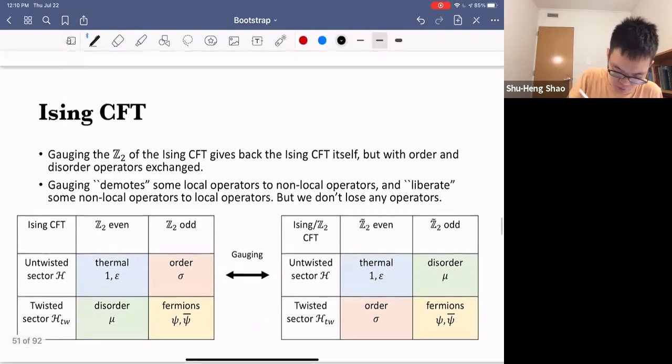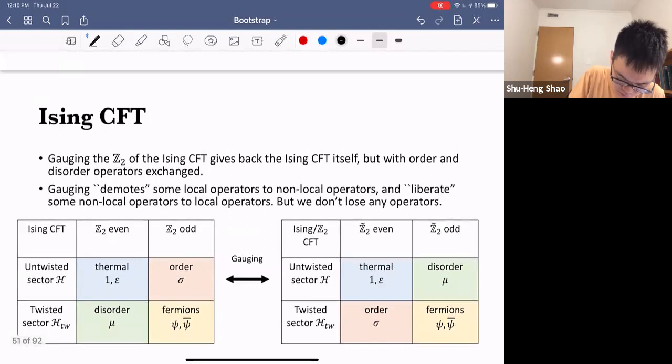There's another formal way to say this. So the partition function of the gauge theory, with some normalization, can be written as follows. So you take the partition function of the original theory, and you couple to a dynamical Z2 background field.